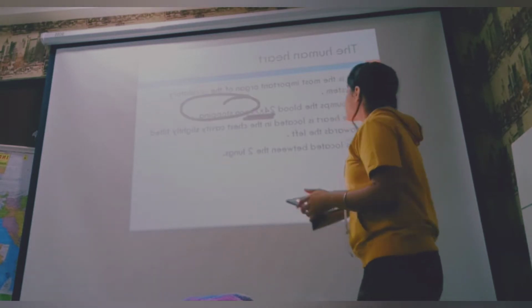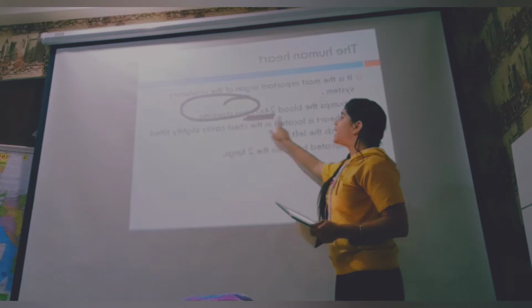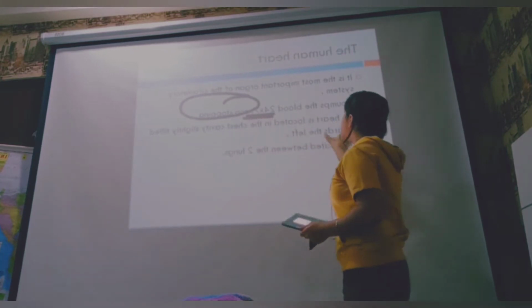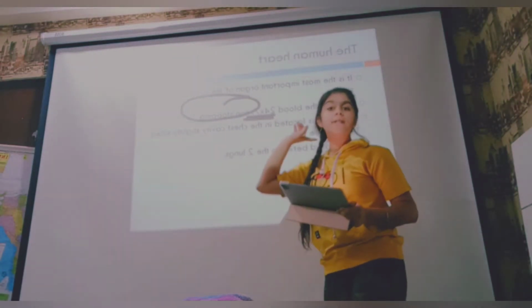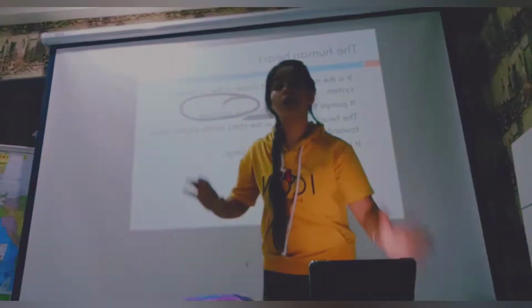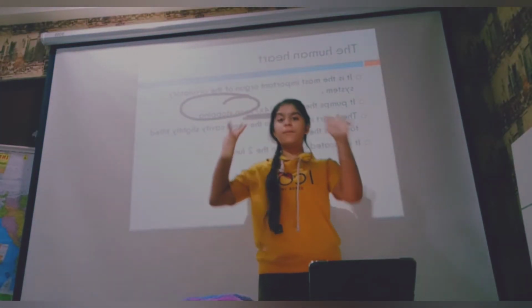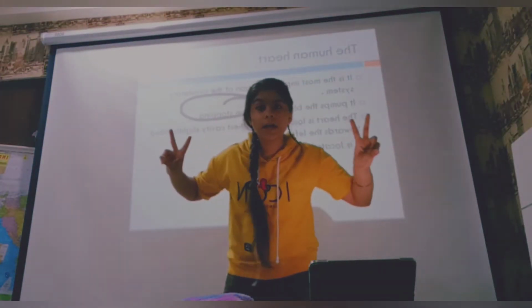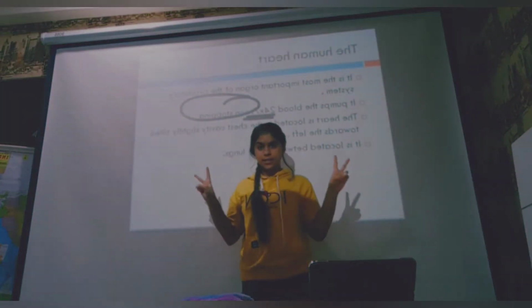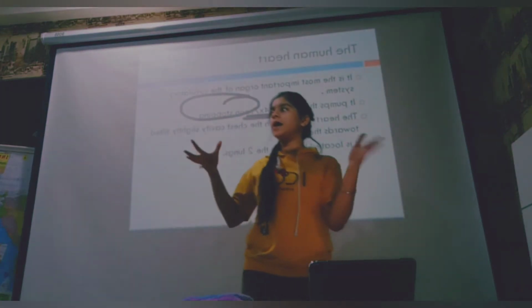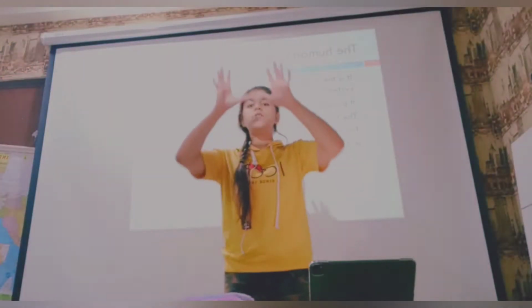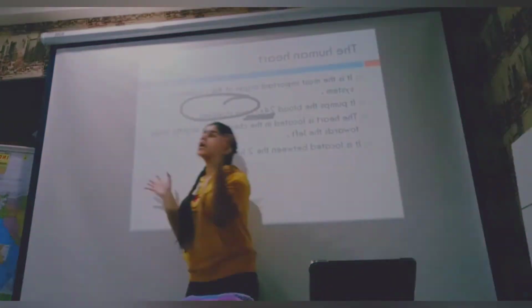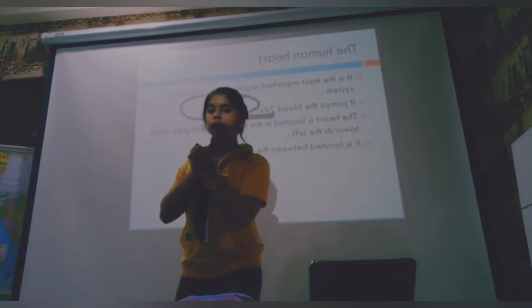Next thing, the heart is located in the chest cavity, slightly tilted towards the left. So the human heart is very much secure. It is located between two lungs, right? It's also protected by the rib cage, right?